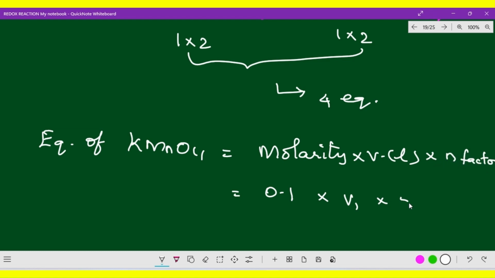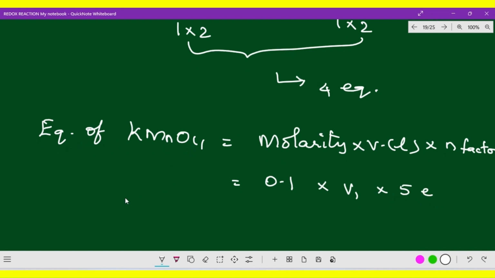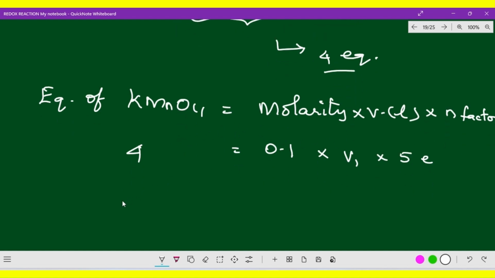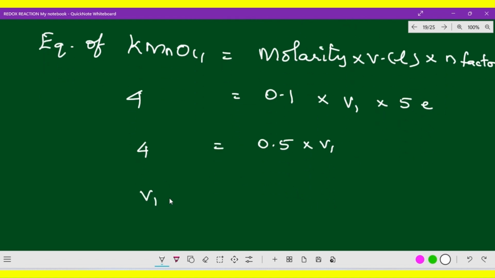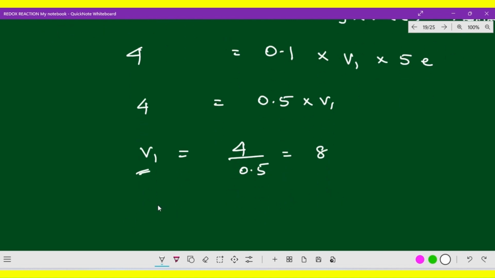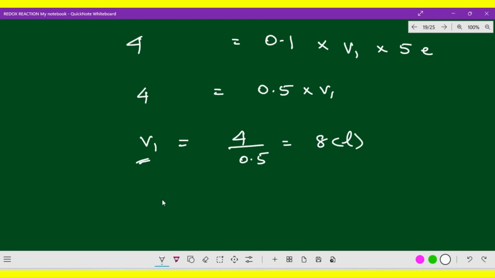Here it is 5 electrons. So the equivalent of KMnO4 in the oxidation process equals 4, just as we found. So 4 equals 0.5 into V1. So V1 equals 4 divided by 0.5, so you will get 8. We are mentioning volume in liters, so V1 equals 8 liters.